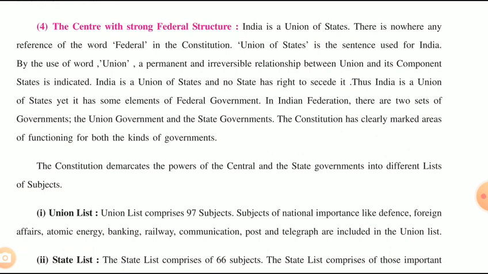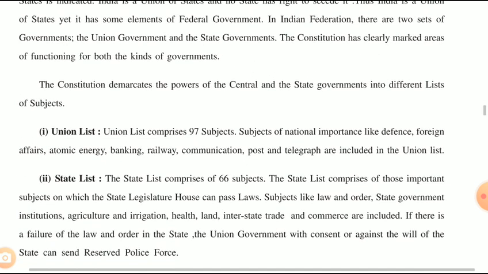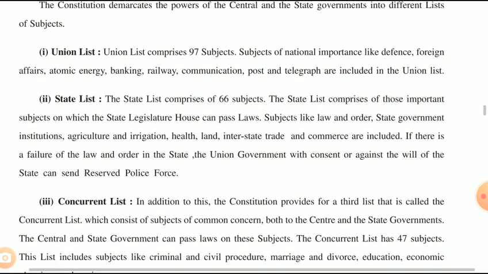And in order to define the responsibilities and activities to be handled by the state government and union government, there are three different types of list. These lists are union list, state list, and concurrent list.